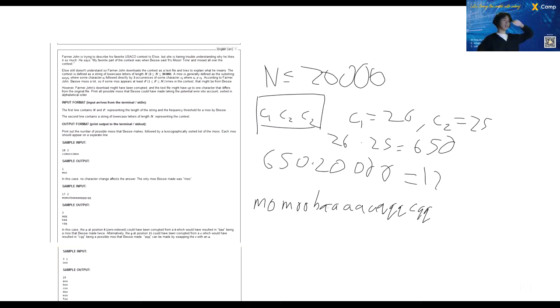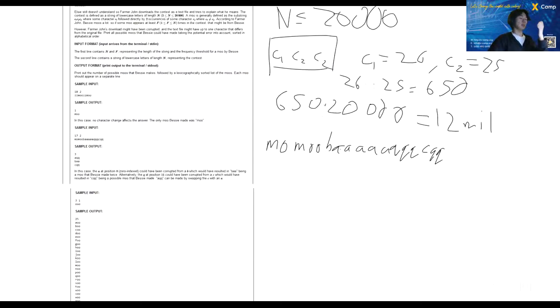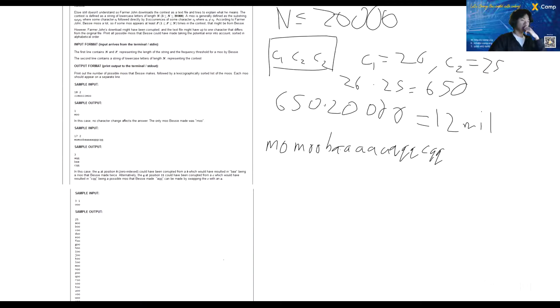So now let's try to think of a way we can potentially get an n times 650 solution. First off, if we fix the combination we want, let's say we fix it to be AQQ, the first step is to loop over and identify every single AQQ we currently have.